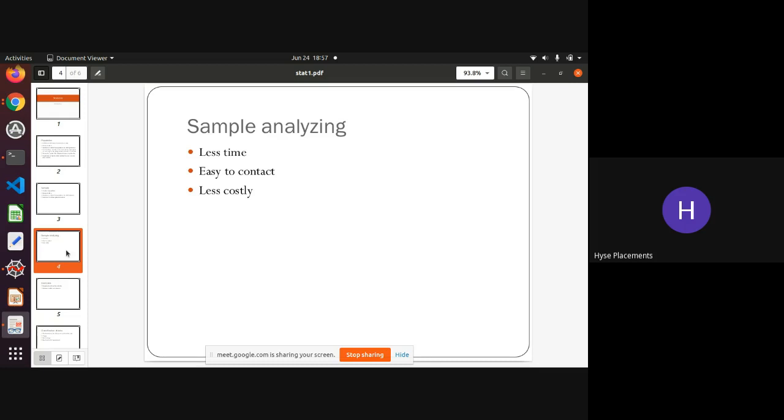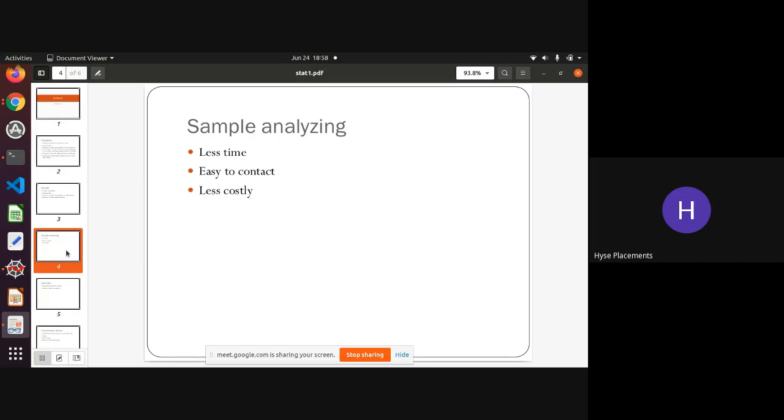It's less costly. Costly in the sense that it might be a financial matter. Think of it: suppose you have a data set of 10 million points. If you are performing operations on the 10 million, obviously the resources are going to get wasted, and automatically the cost will increase.